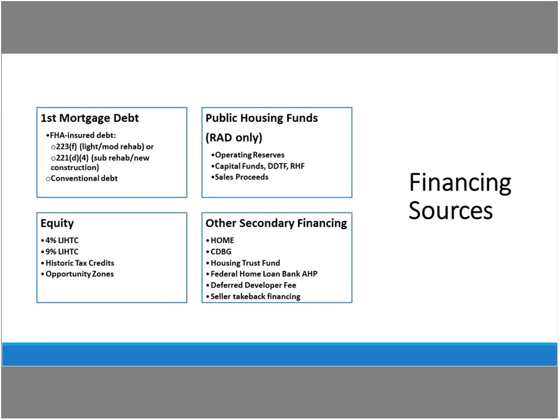It's getting there, but not as common as a straight-on LIHTC deal. Public housing funds for RAD-only transactions, so you can use these public housing cash resources, or other available financing in your community. Could be block grant, HOME money, trust funds, anything that a city or state or county might have created over the last couple of years in response to the housing crisis.